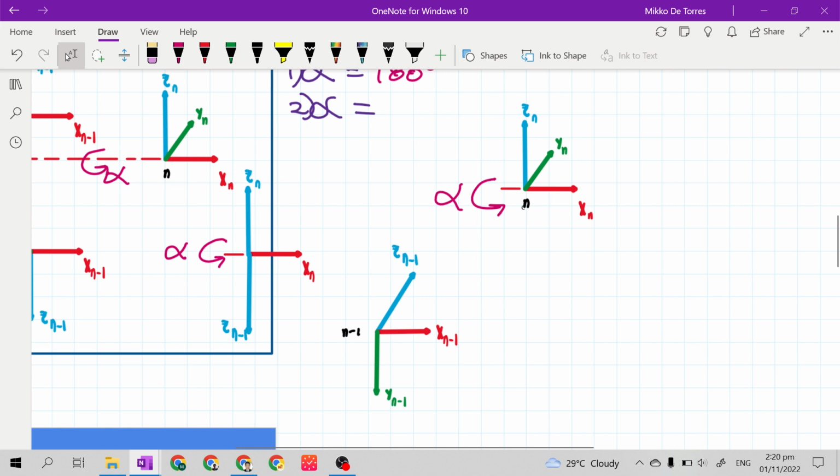So z sub n minus 1 is pointing to the back, and z sub n is pointing upward. Imagine that x sub n, z sub n, and z sub n minus 1 are at the same origin.